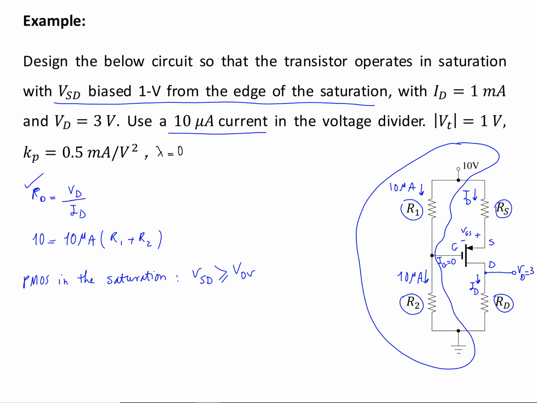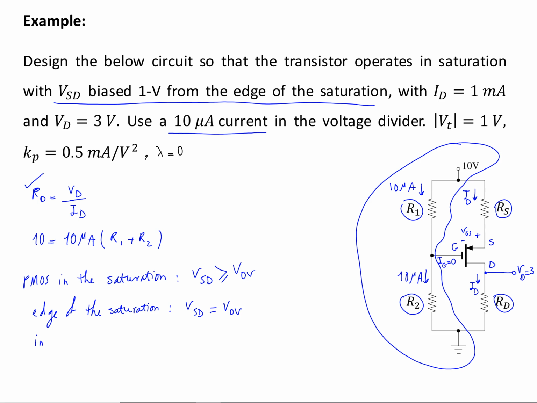Now it says that VSD is biased 1 volt from the edge of the saturation. So edge of the saturation is when I have VSD equal to V overdrive.